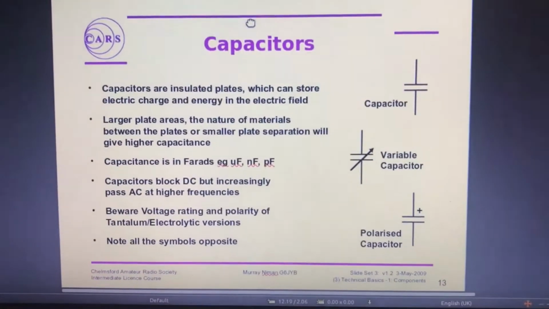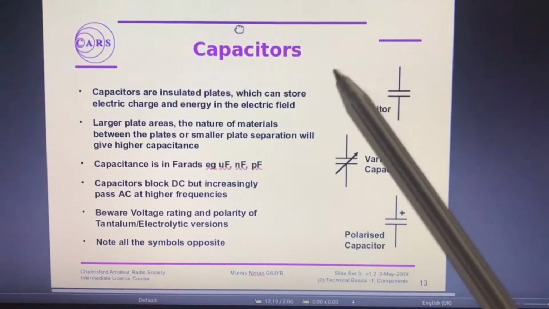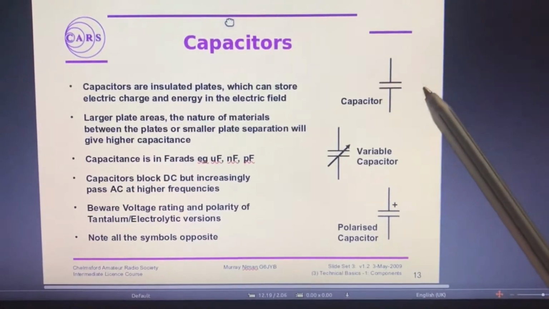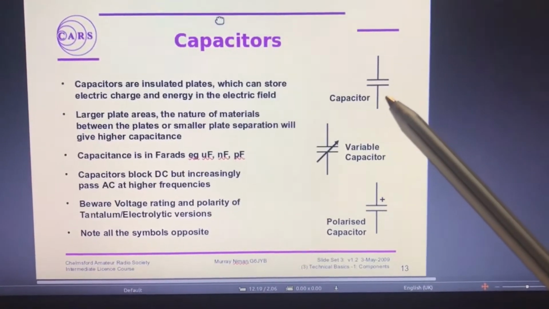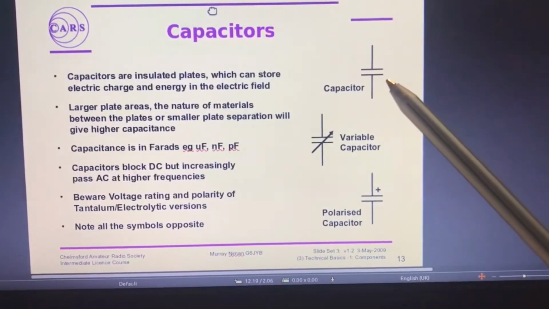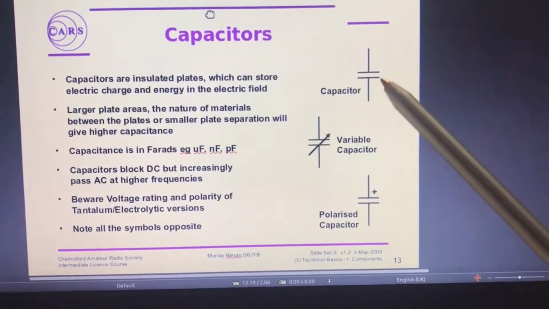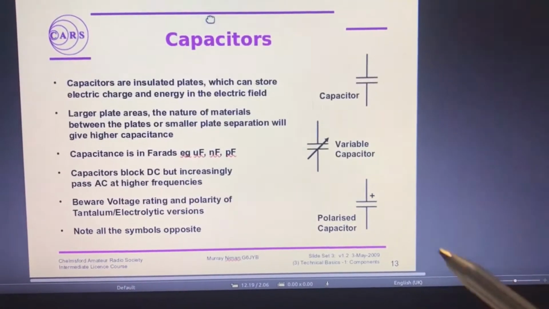So just to recap on previous trainings, let me bring this up on the computer here. We started off with capacitors, and the construction of a capacitor is two plates. The things that affect the capacitance are the size of the plates, the spacing, and the dielectric in between.